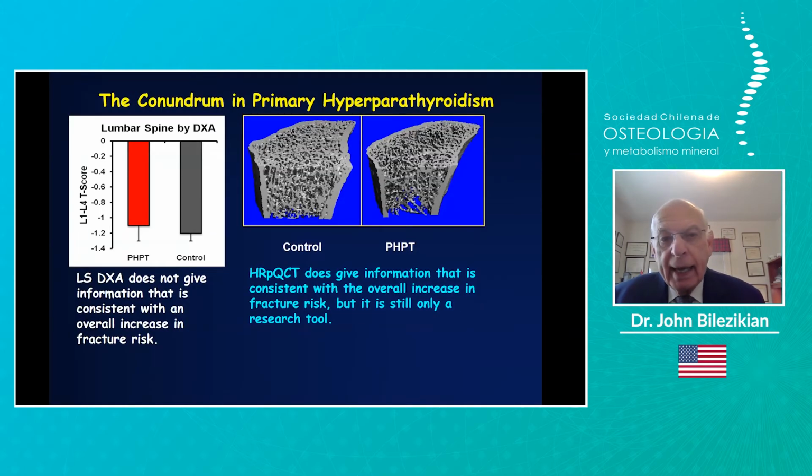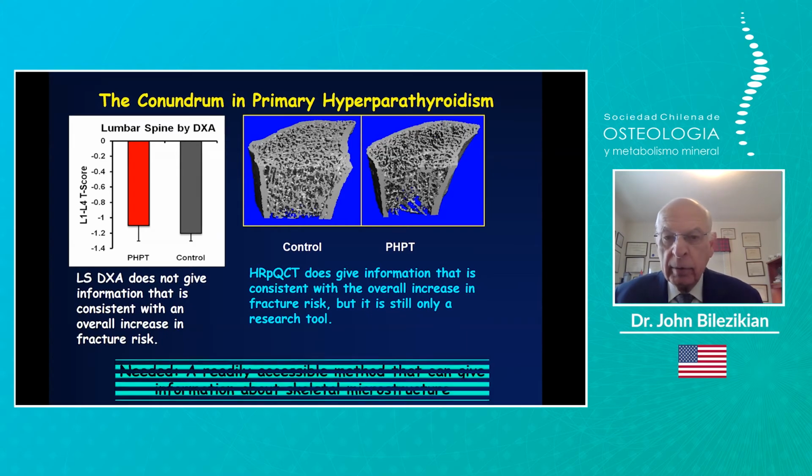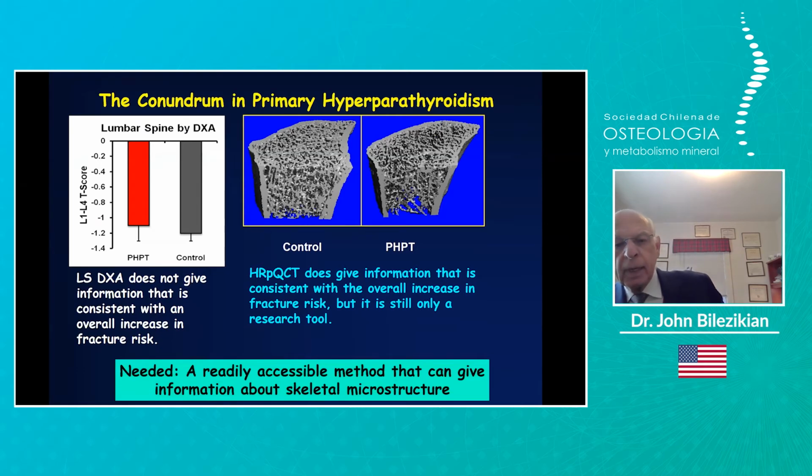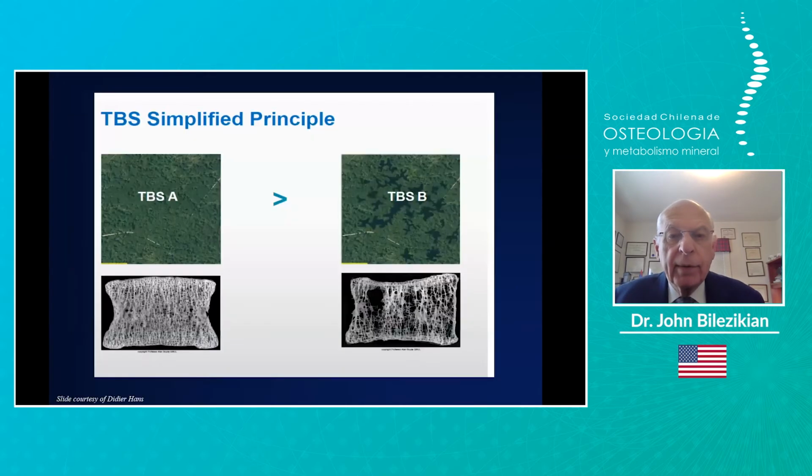Now, not everybody has access to extreme CT, but we have much more ready access to the trabecular bone score. The trabecular bone score is a readily accessible method that can give information about skeletal microstructure.